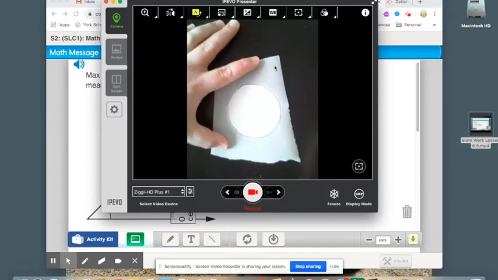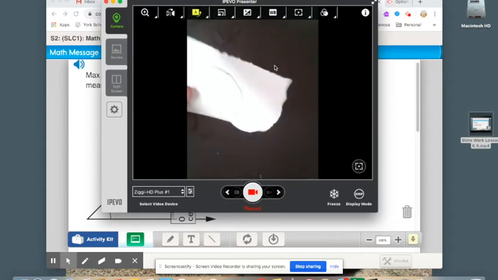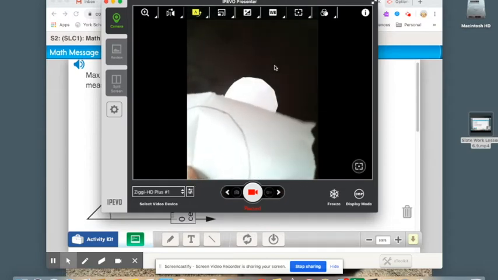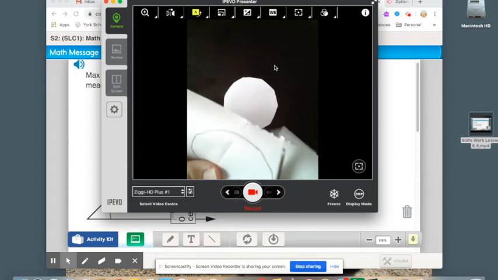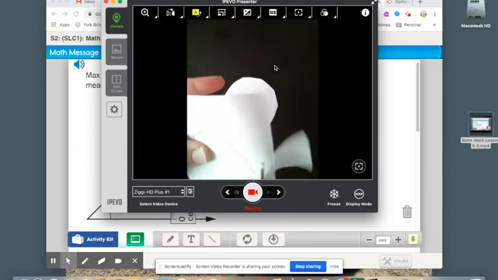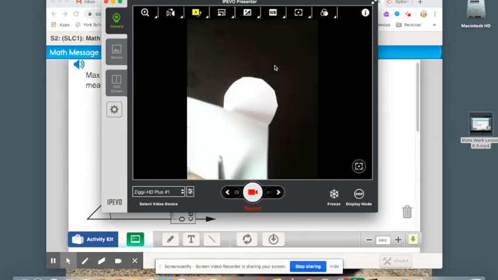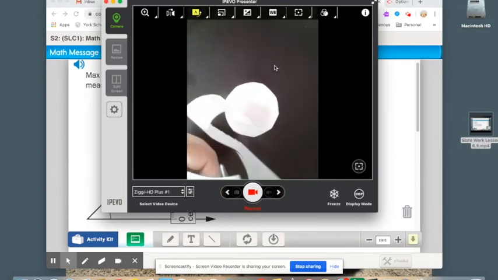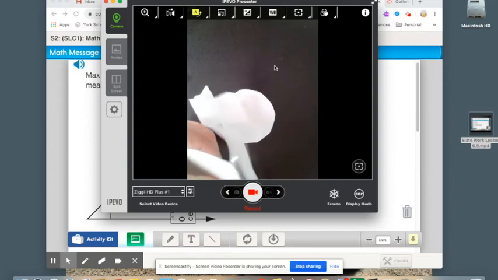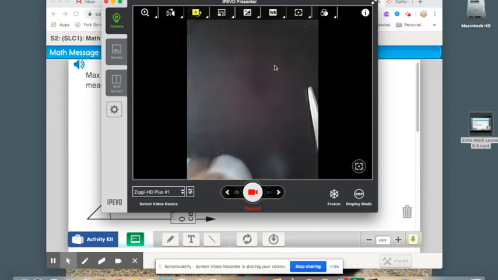Then you're going to cut out your parchment paper. It probably would have been quicker to trace the circle right onto the paper, but anyway.